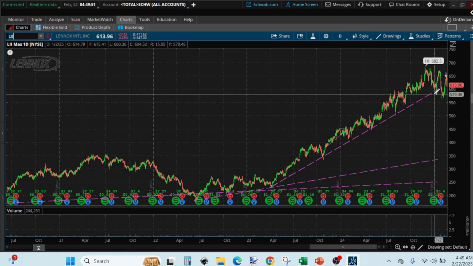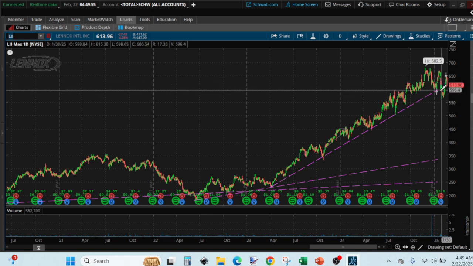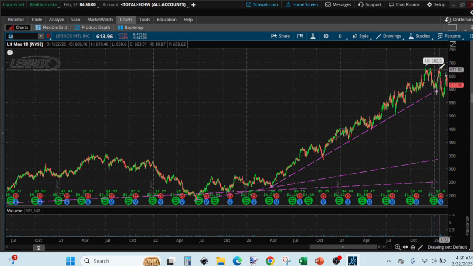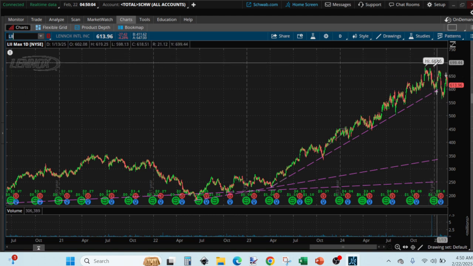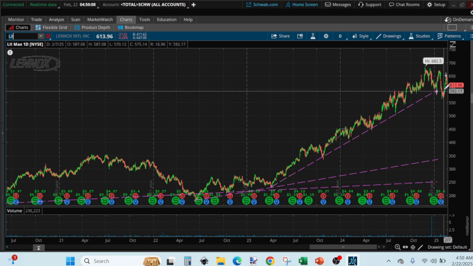So it touched base with this trend line. We bought it. When it started going up, it went up, but it was not able to reach the high, and went back down and went up.